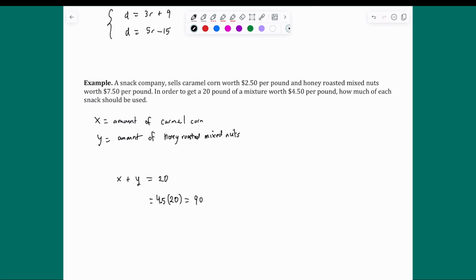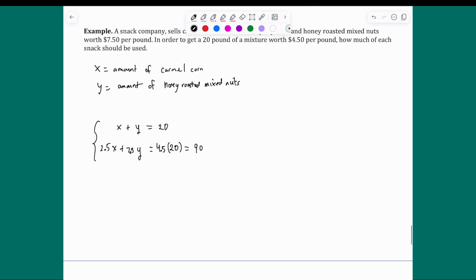How much is that contributing to that $90? Well, the caramel corn is selling for $2.50. So $2.50 times X would be how much the caramel corn is contributing. And the roasted mixed nuts selling for $7.50 times Y, so that's how much of the nuts is contributing to that $90. Okay, so that's your system there.